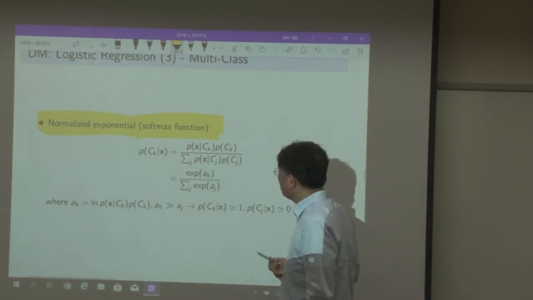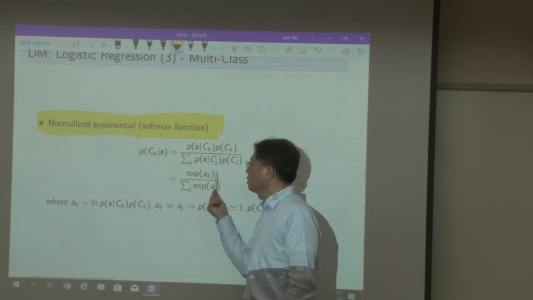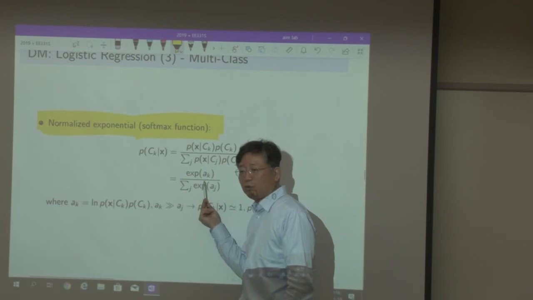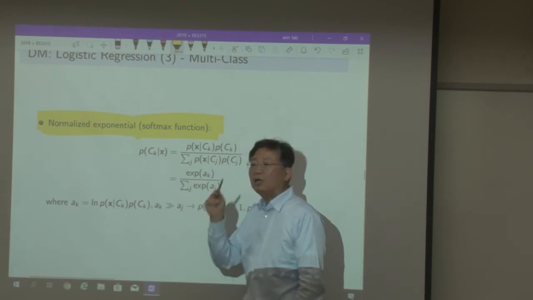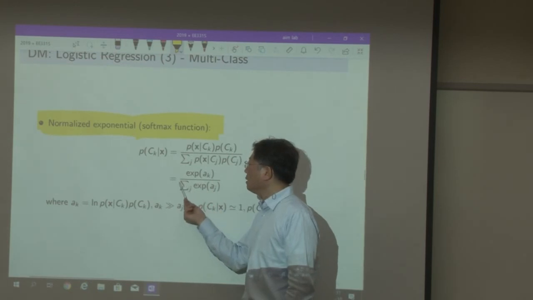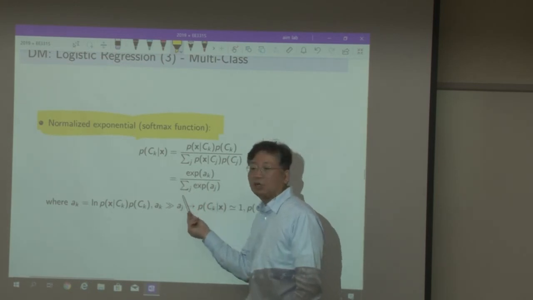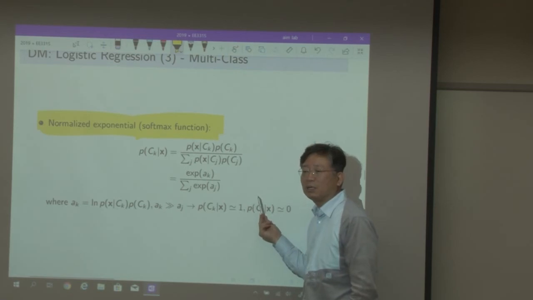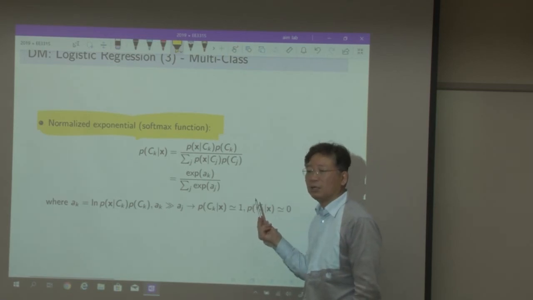And if you look at it, the top is in an exponential form, just like the conditional logistic regression we saw, and the bottom is normalized. So when we add up all the classes, what is it going to be? It's going to be 1.